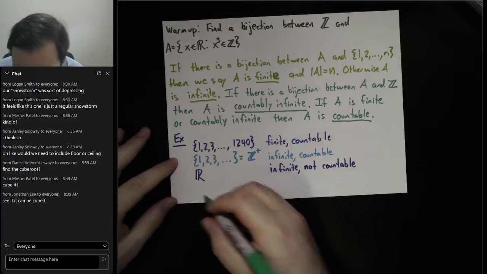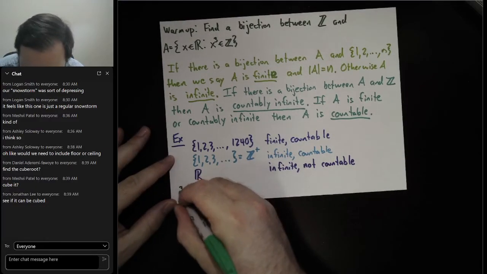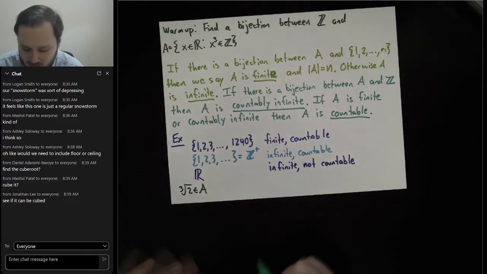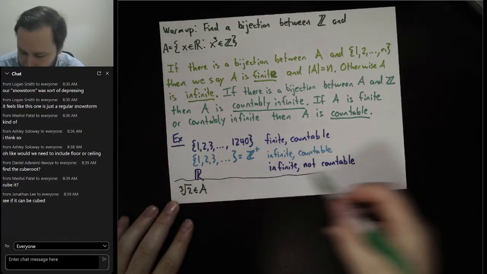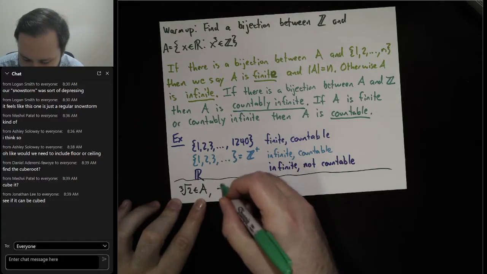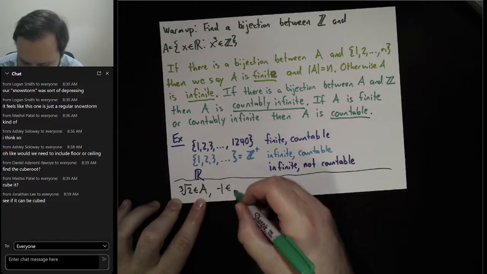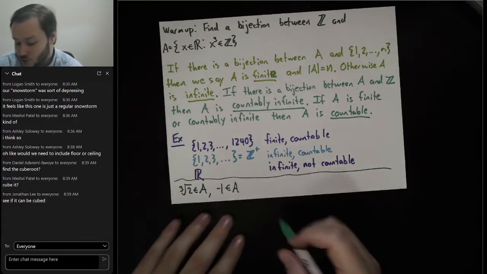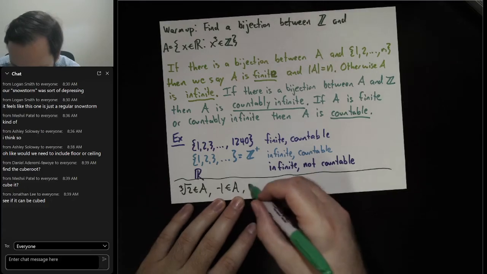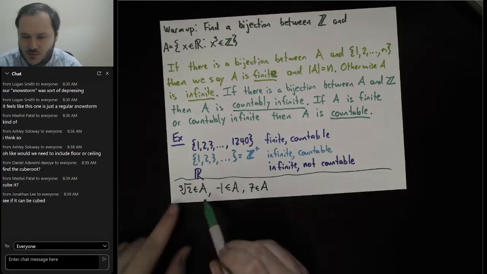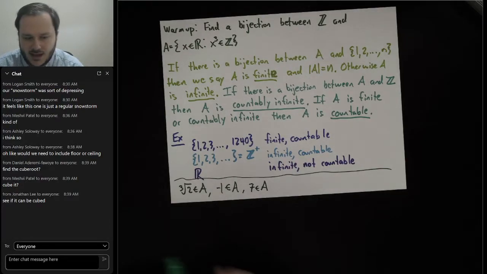Just as an example, we've got cube root of 2 is an element of A. We've got -1 is an element of A. We also have integers, like 7 is an element of A. All of these are numbers where if I cube them, I get an integer.